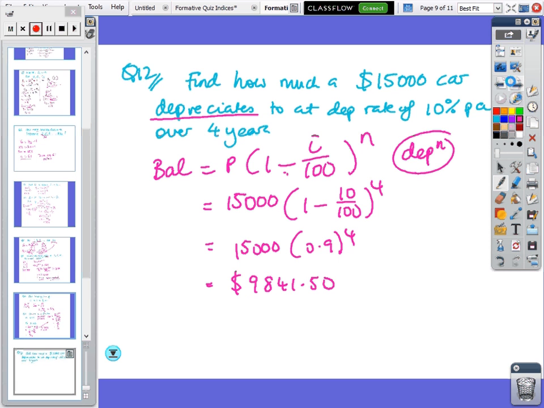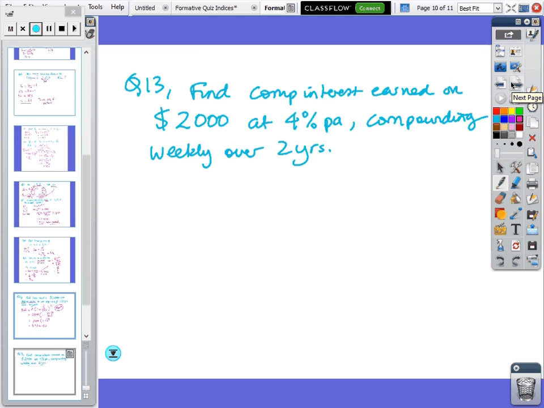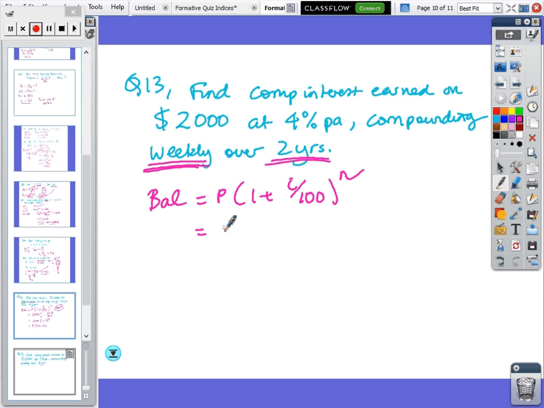Okay, couple pages to go. Find the compound interest earned on $2,000 at 4% compounding weekly for 2 years. Pause, and when you're ready, come back. The balance equals P times 1 plus I over 100, to the power of n. So we've got $2,000 times 1 plus 4, divided by 52 since it's weekly, then divided by 100, to the power of 2 years at 52 weeks.